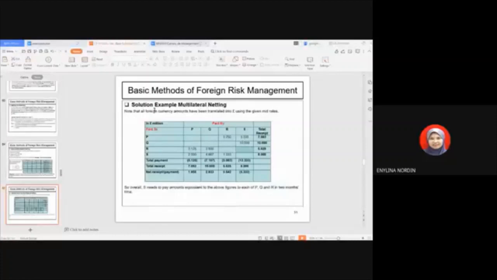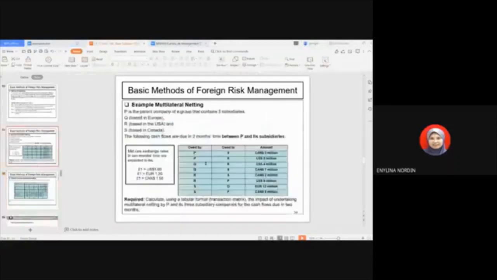So note that all foreign currency amounts have to be translated into pound using the given matrix. Okay, so let's go for the first one, which is the amount owed by P to S, and the amount owed by P to S is 3 million Canadian dollars.